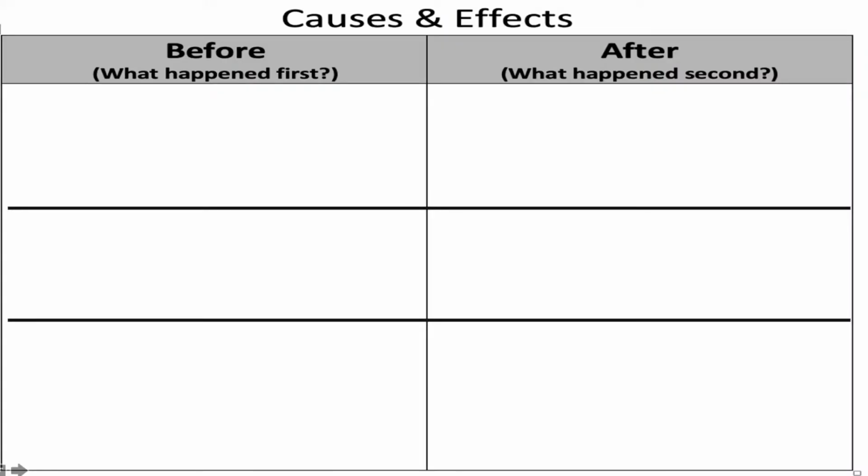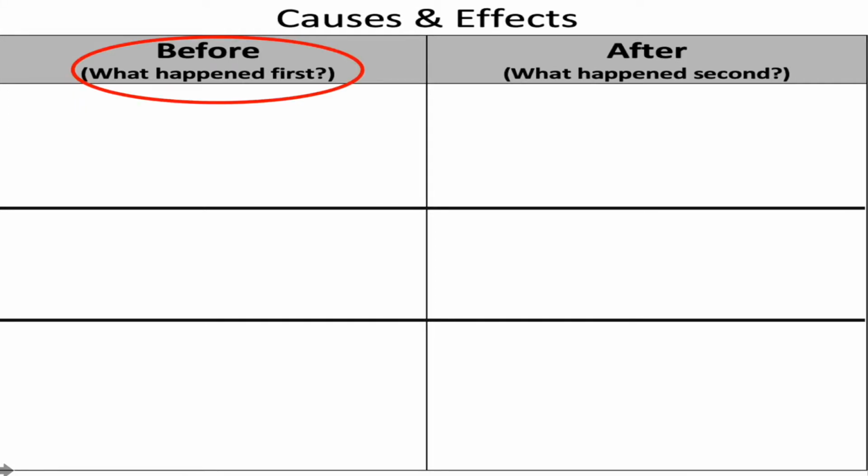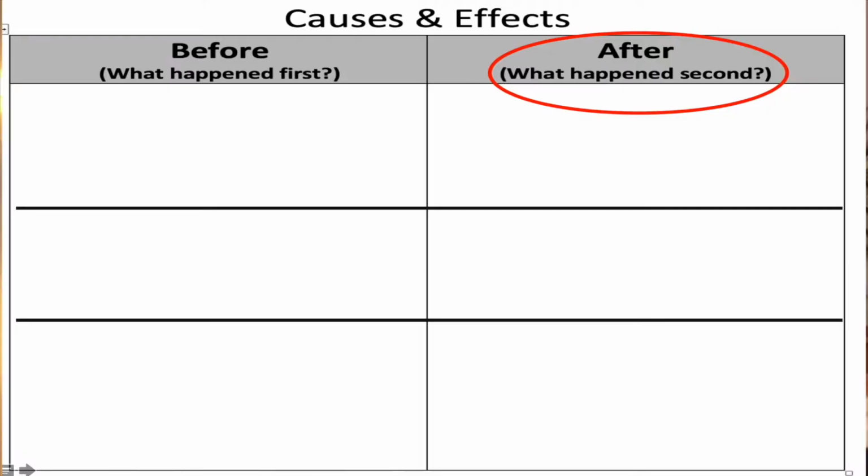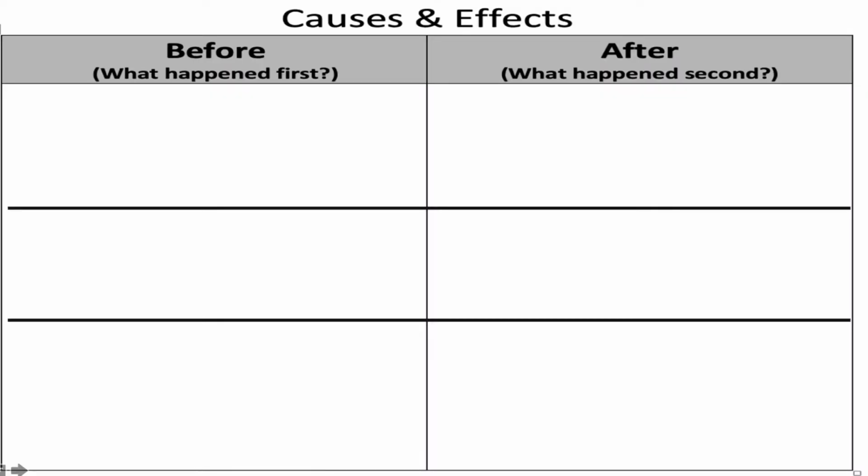The causes come first. If you're looking for what happened after, you're looking for effects. This is what happened second, or it's a reaction to the action. Okay? Let's practice using this before and after T-chart to organize these events.